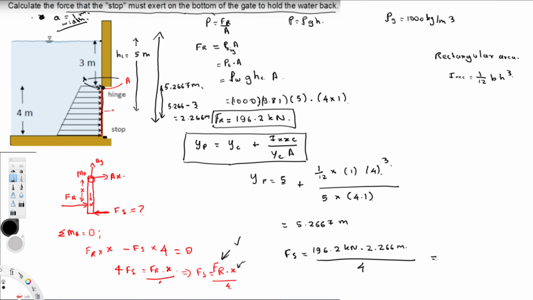The meters cancel, and if I calculate this, it comes out to be 111 kilonewton, and that's the final answer. Fs is equal to 111 kilonewton.